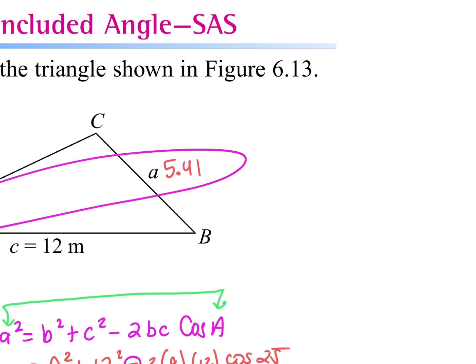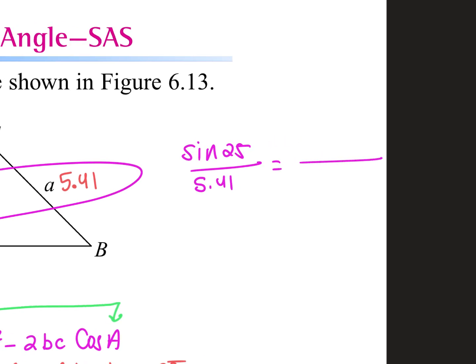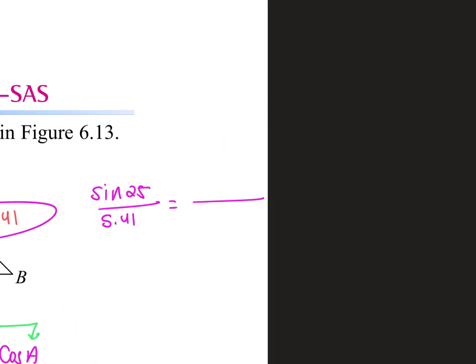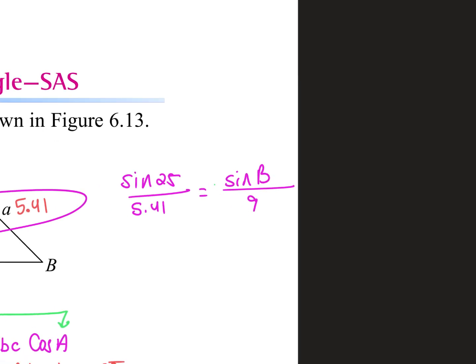So I'm going to say the sine of 25 over 5.41 equals, what do you want to find? Okay, let's find B. So sine of B over 9. Cross multiply.